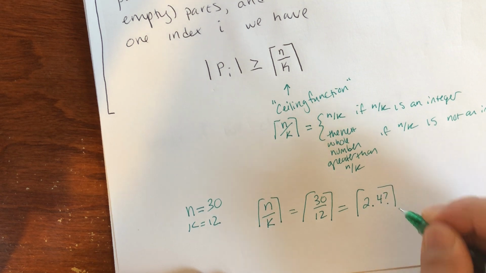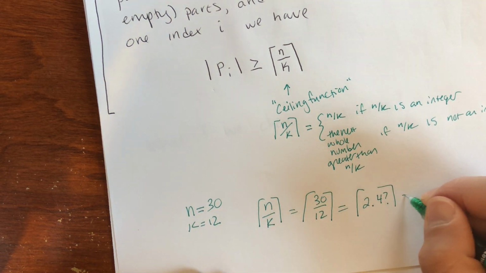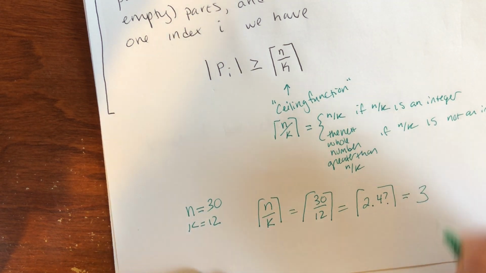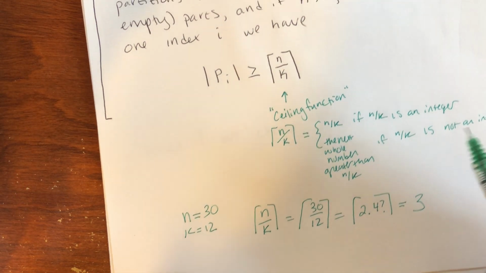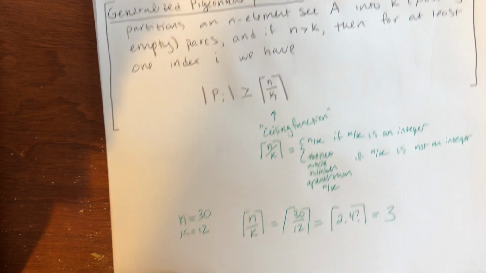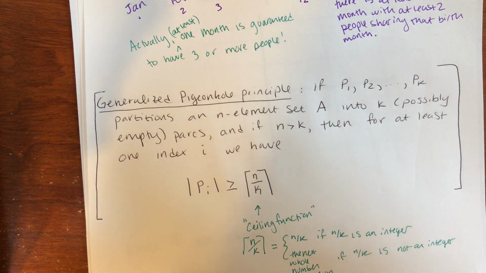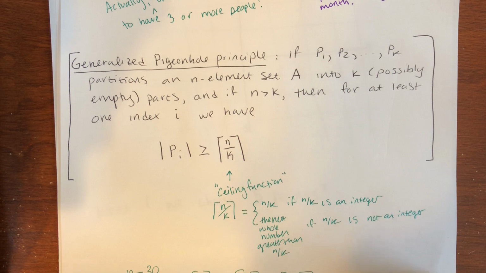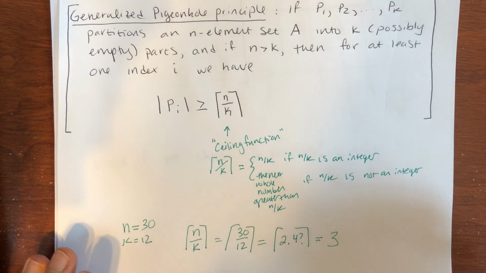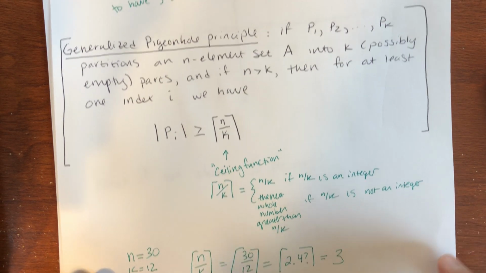And so the ceiling function tells us that we need to round up to the nearest whole number, which is 3. That's exactly what we were able to conclude. We were able to conclude that at least 1 month is guaranteed to have 3 or more people in it. Okay, so this just allows us to say something a little bit more strong than the pigeonhole principle.